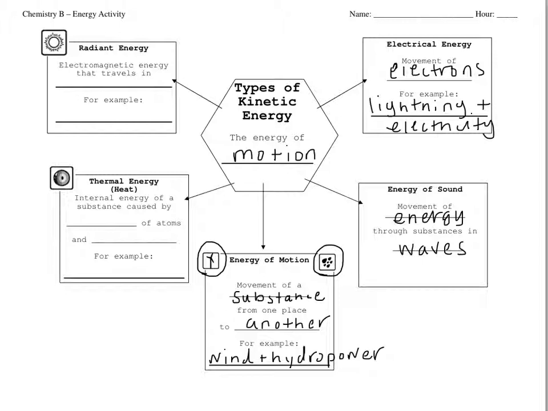Thermal energy, in other words, heat, is what we've been studying in more specific detail in the thermochemistry packet. But this is referring to the internal energy of a substance that is caused by the movement of atoms and also molecules.